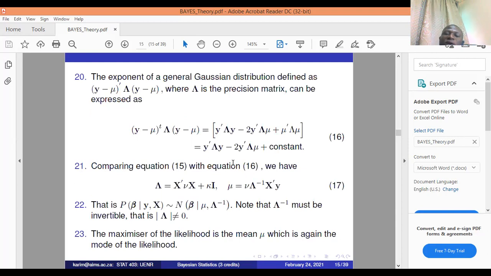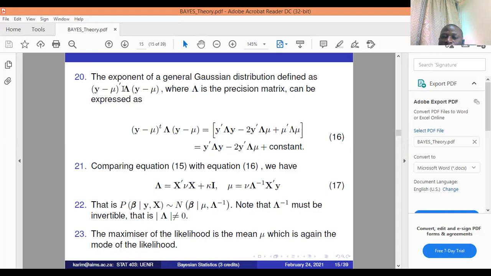To do that, we formulate a distribution that looks like the Gaussian distribution. You can see here we have y minus mean transpose, and then you have the lambda here, which is the same thing. So this here is the variance covariance.